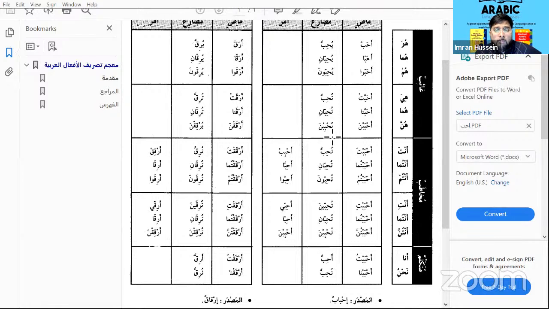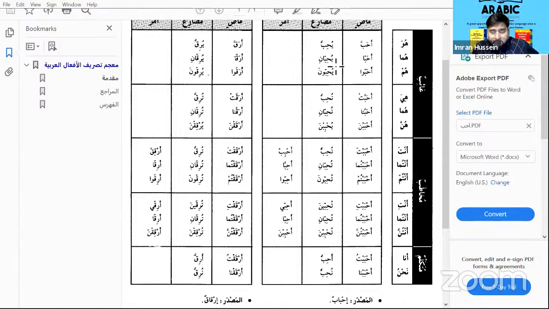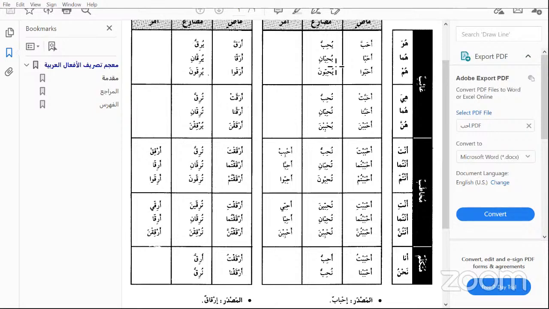Yukrimna, yuhbibna. Conjugate, please. Yuhibbu, yuhibbani, yuhibbuna, tuhibbu, tuhibbani, yuhbibna, tuhibbu, tuhibbani, tuhibbuna, tuhibbibna, tuhibbani, tuhibbu, sorry. Tuhibbani, tuhbibna, uhibbu and nuhibbu.